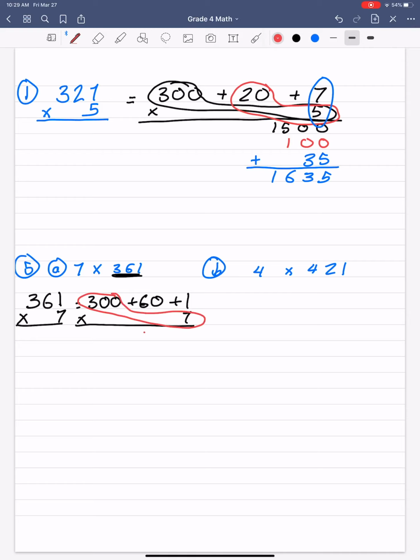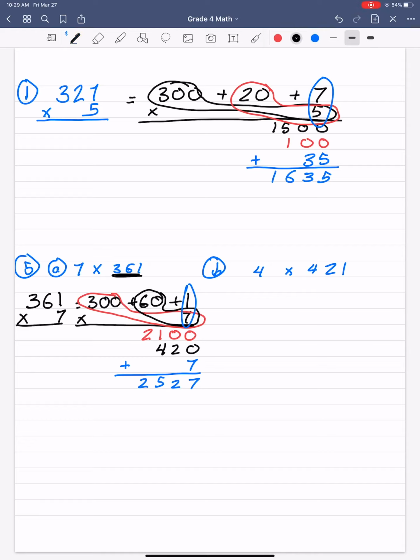Add your 2 zeros. 2100. Then 60 times 7. 6 times 7 is 42. Add your 0. So you have 420. And 1 times 7 is 7. So we're going to add all those together. So we have 2,527. And there's your answer.